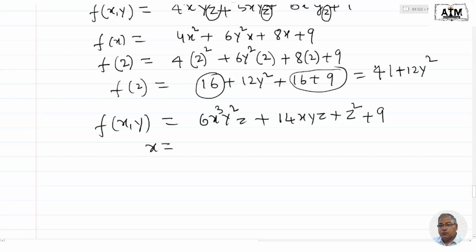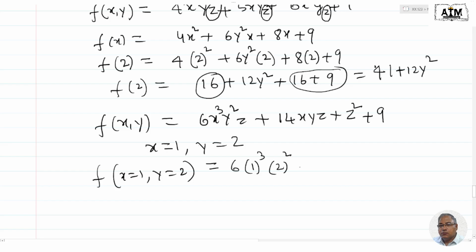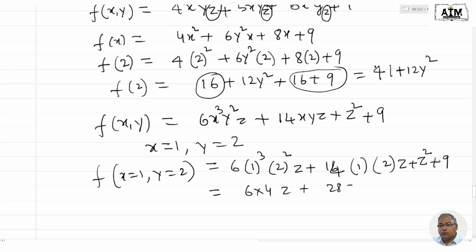And if x equals 1 and y equals 2, we place only the values of x and y here, like 1 cube and 2 square, and z as it is. We don't touch it. So 14, and x value equals 1 and y value equals 2. But we don't touch the value of z here. So this equals 6 times 4 z plus 28 z plus z square plus 9.